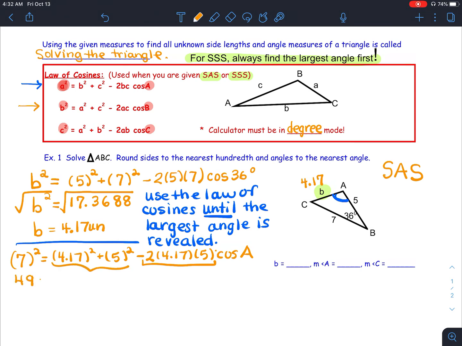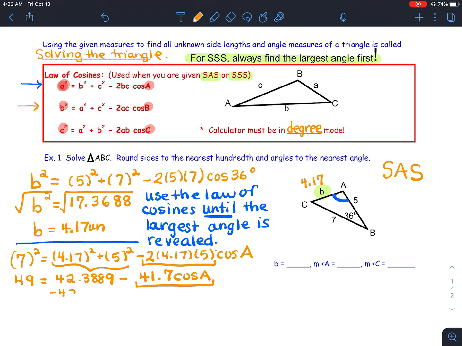So we've got 49 on the left, and if we square these other two and add them up, I get 42.3889. I'm also going to multiply the negative 2, the 4.17, and the 5 together, and I'm going to put minus 41.7 cosine A. But this is all attached, so I have to keep that separate.